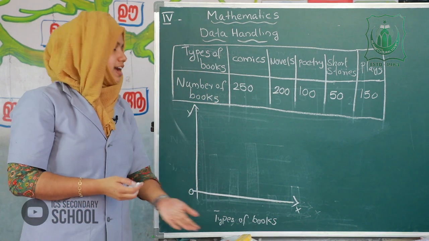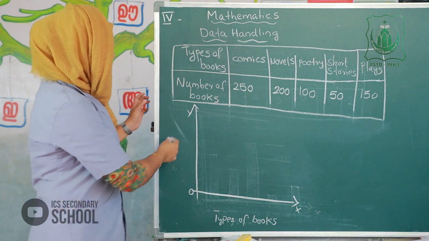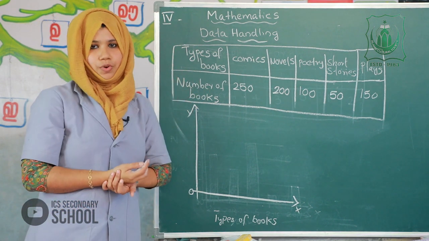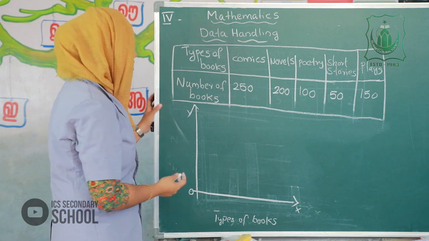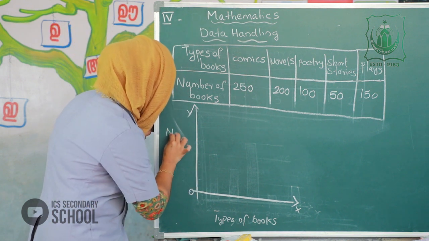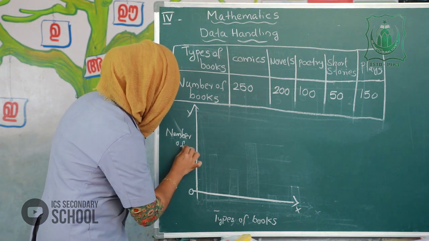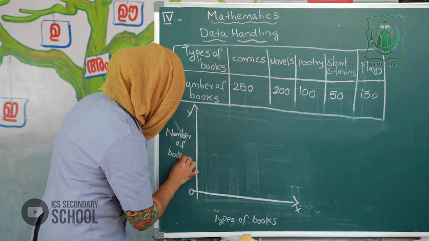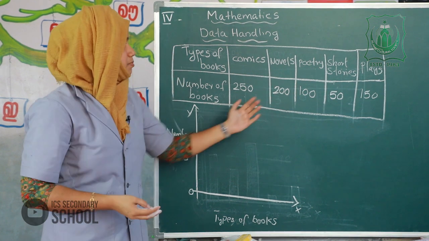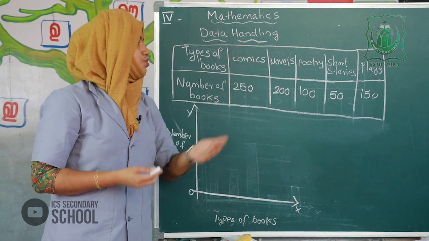Here we can write the type of books. Here we can write the number of books. Here we can write the heading, number of books. The maximum data is 250.